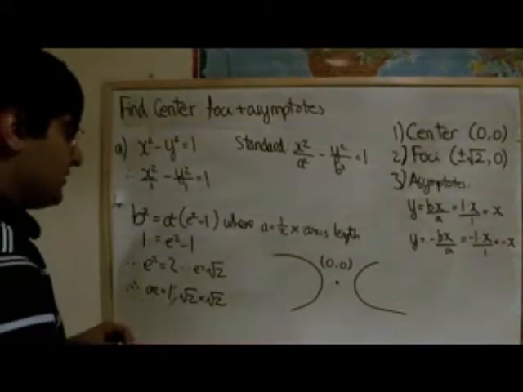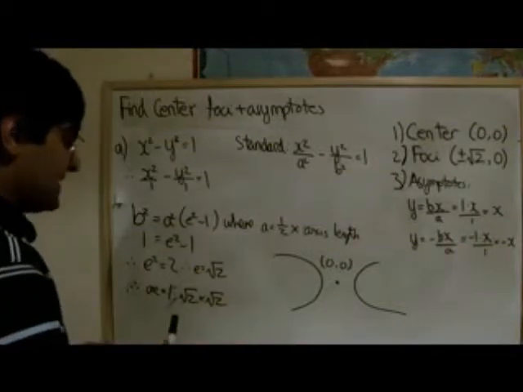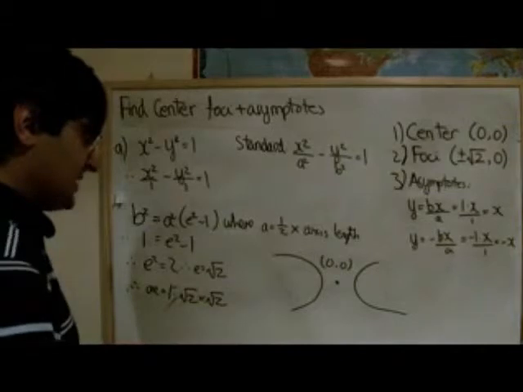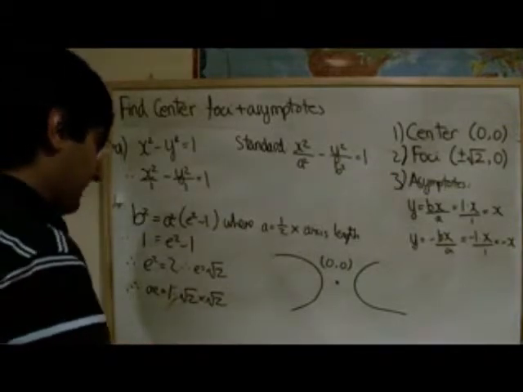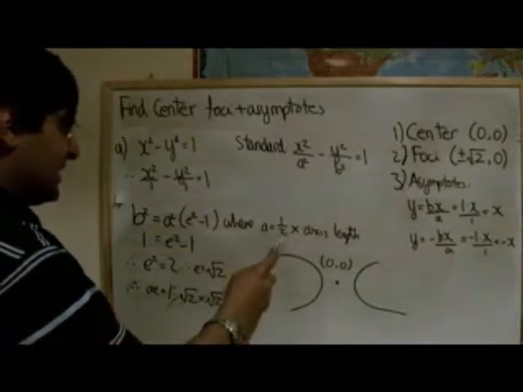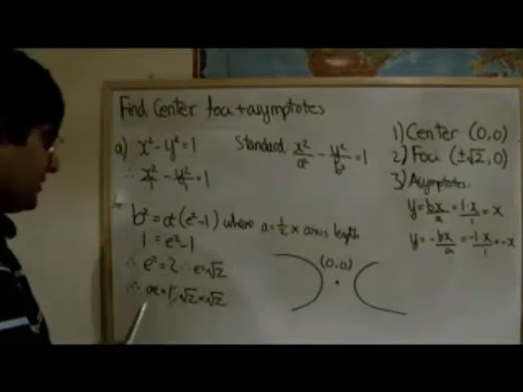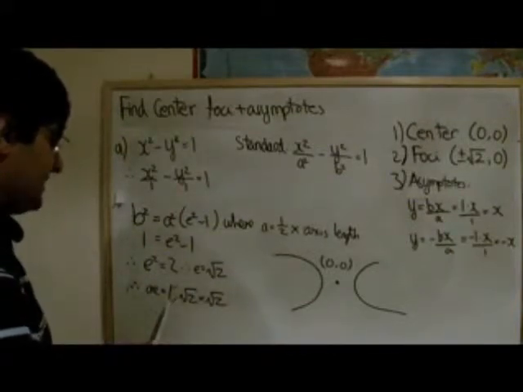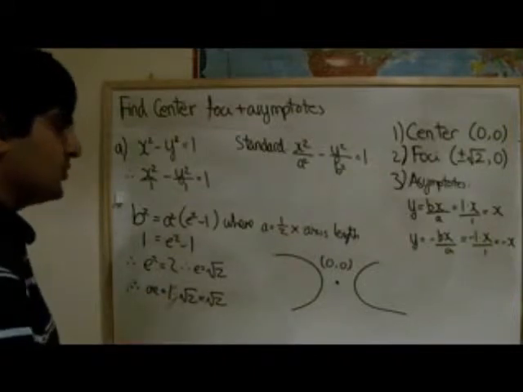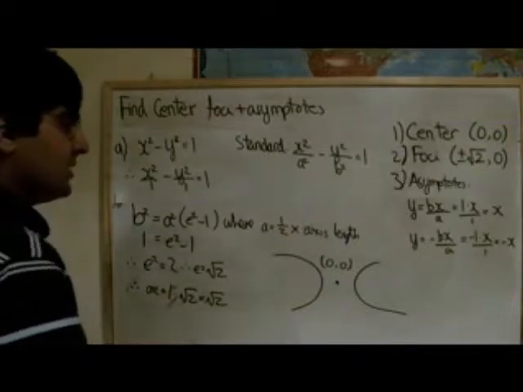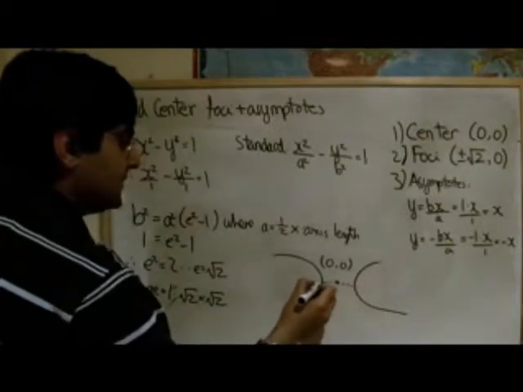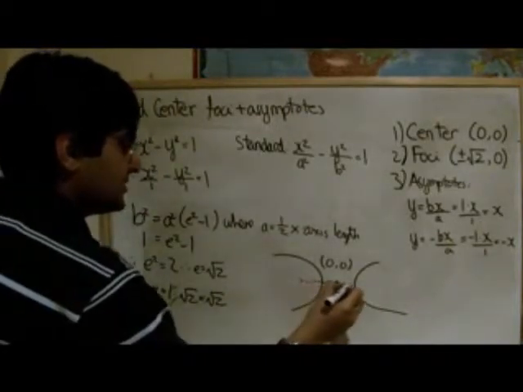Remember, we said that the foci will always lie a times e units away from the center on either side, where a represents half the axis length. We know that a in this case is 1. So, if a is 1, and we found the eccentricity, ae is 1 times root 2, which is square root 2. So, just drawing the hypothetical axis here, let's extend it a little bit further for the sake of illustration.